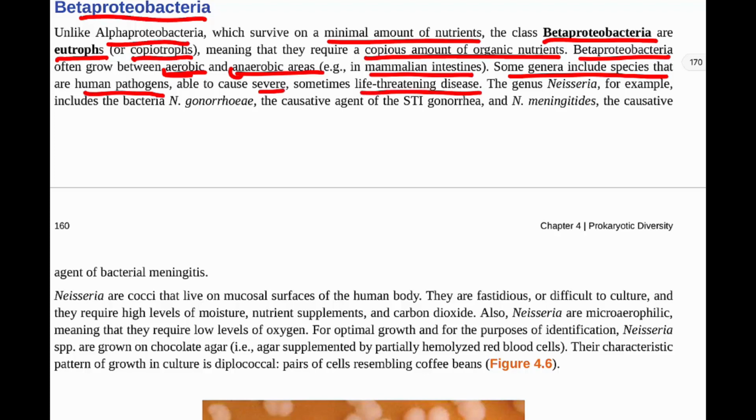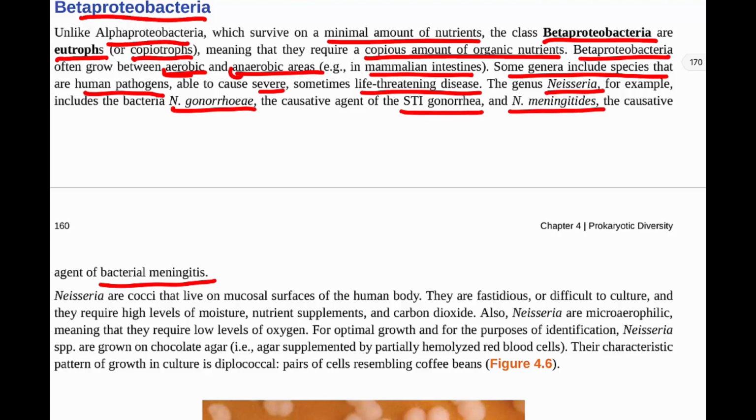The genus Neisseria, for example, includes Neisseria gonorrhoeae, which is the causative agent for the STI gonorrhea. And then we also have Neisseria meningitidis, which is the causative agent of bacterial meningitis. So when we're talking about proteobacteria, they need lots and lots of organic nutrients. And in lots of cases, that happens inside the human body, where we have lots and lots of organic nutrients.